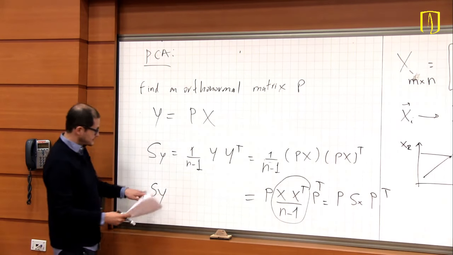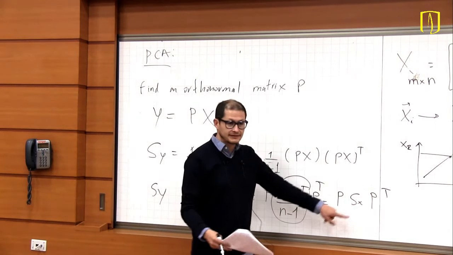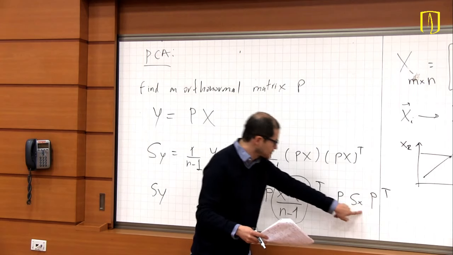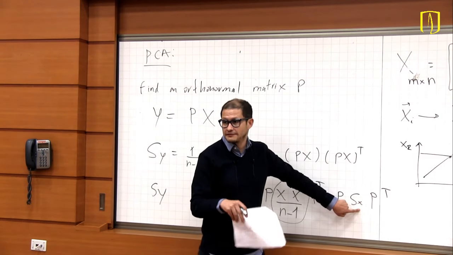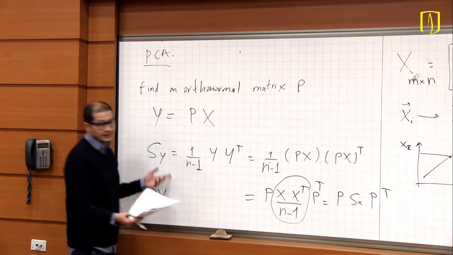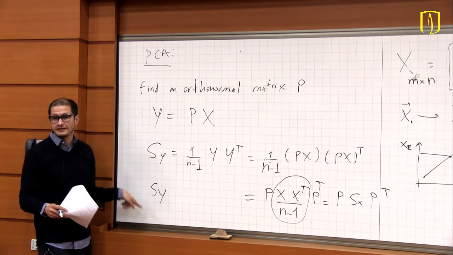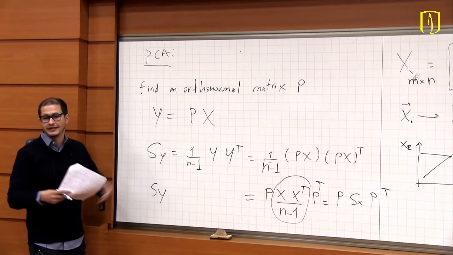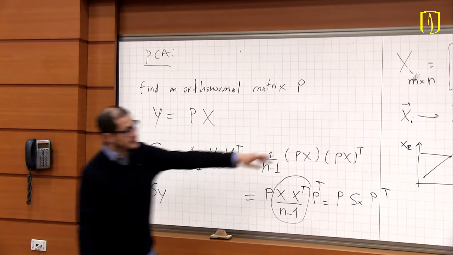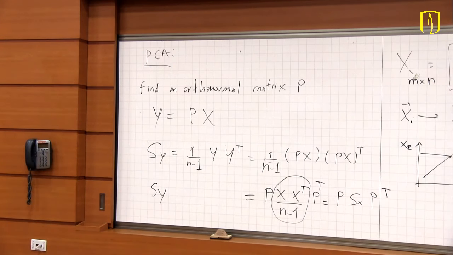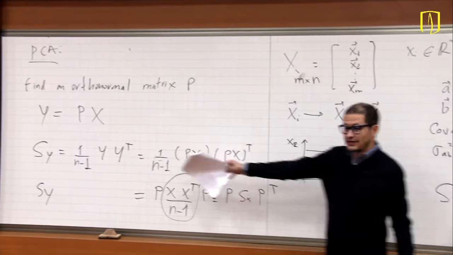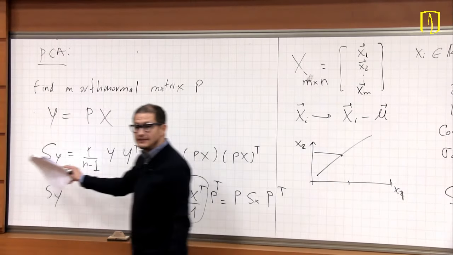What this is telling us is that this is basically a rotation or a transformation on your original covariance matrix, such that the new covariance matrix looks uncorrelated. And what quantifies these correlations? The off-diagonal elements, right? So it means that you want to transform this covariance matrix into a diagonal matrix.